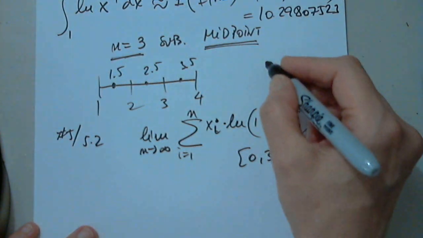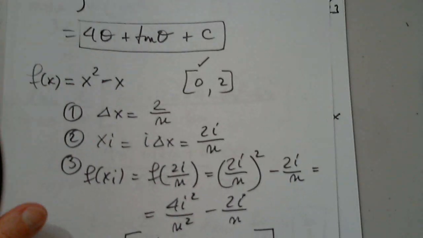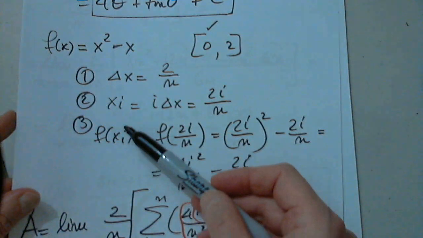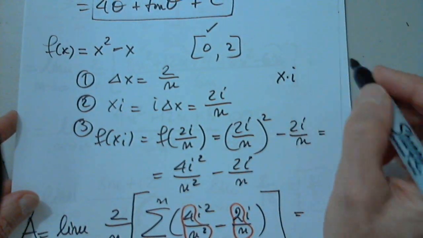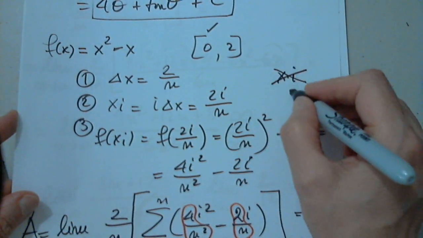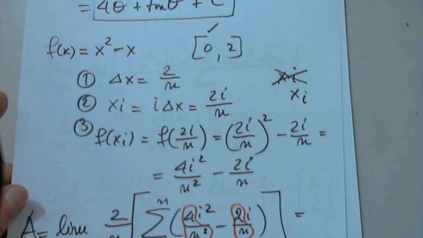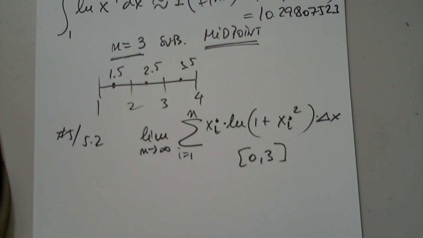So just to make sure, this is the x_i and this is the x_i. It's not x times i, it's x_i. So this is x little i.